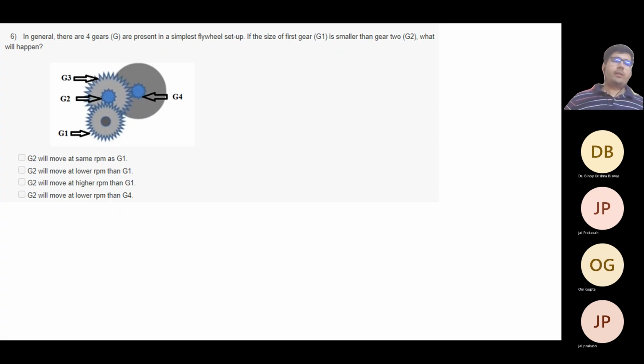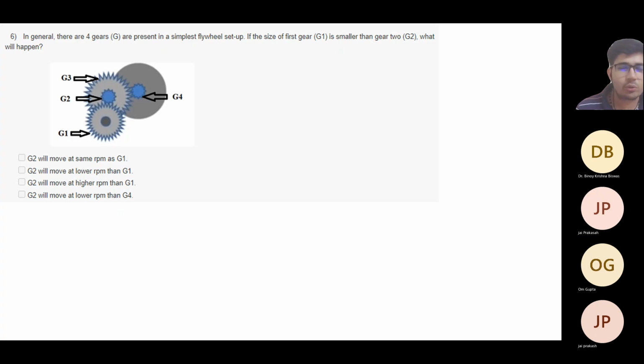The G3 gear is linked with which gear? G4. I know, but from where is G3 getting power? G2. Right, so G3 will move slow. G3 is getting the power from G2.